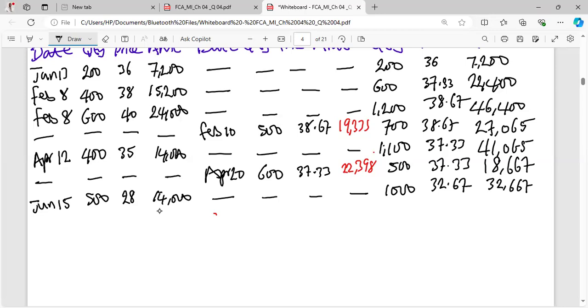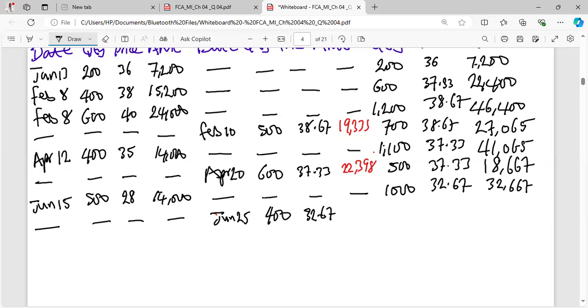After June 15, we have June 25. We took out 400. It has to be at 32.67.